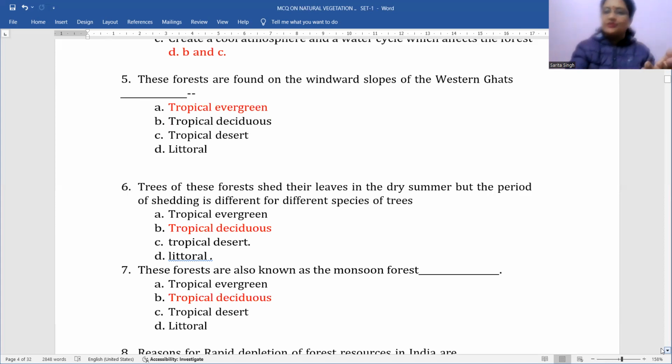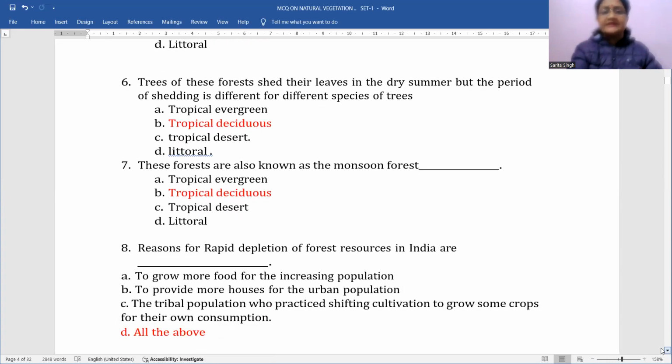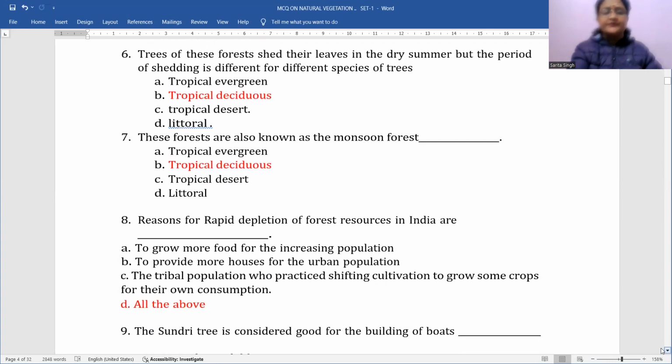Okay, so naturally अगर ये क्वेश्चन आता है कि windward slope of Western Ghat has got what type of vegetation, it is going to be tropical evergreen. Okay, now next question is, trees of these forests shed their leaves in the dry summer, but the period of shedding is different for different species of trees. It is 100% tropical deciduous.